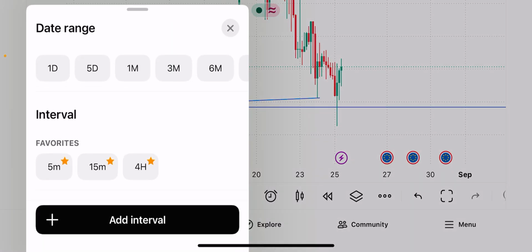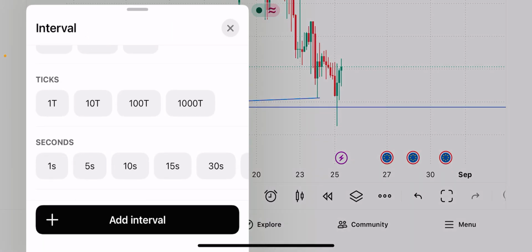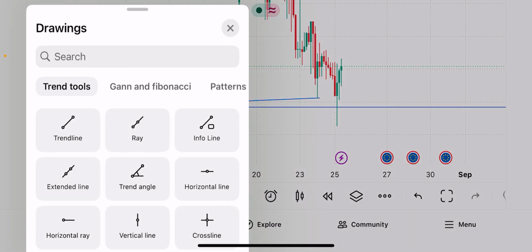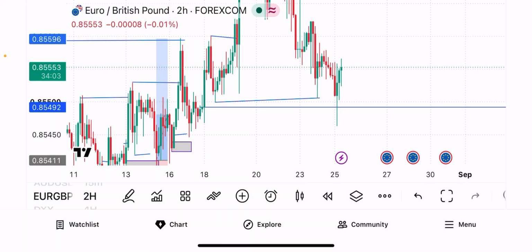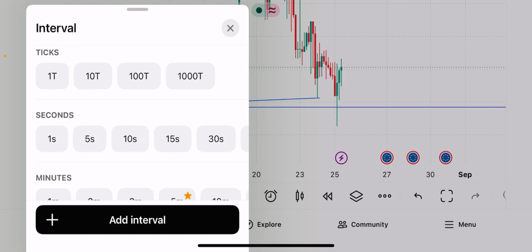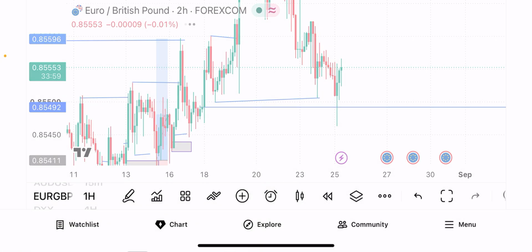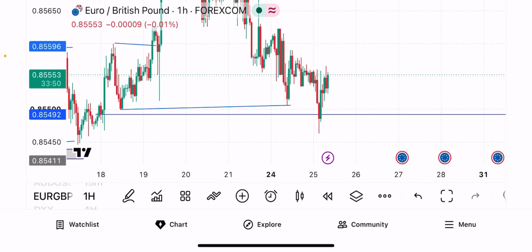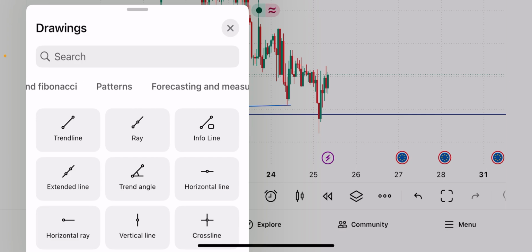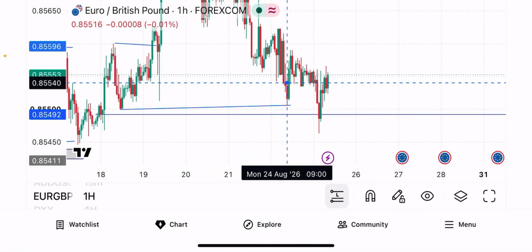And I scaled down to 1 hour in order for me to minimize my stop loss. The reason why I didn't use my 15-minute time frame is because the order block looked mitigated on the 15-minute time frame. There's another block there, but the order block looked mitigated. So I just decided to use this OCL level here, then my entry time frame here, then I placed my long here.